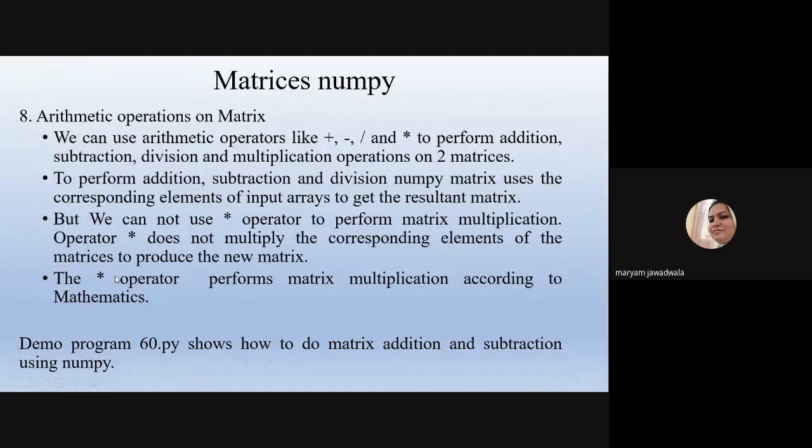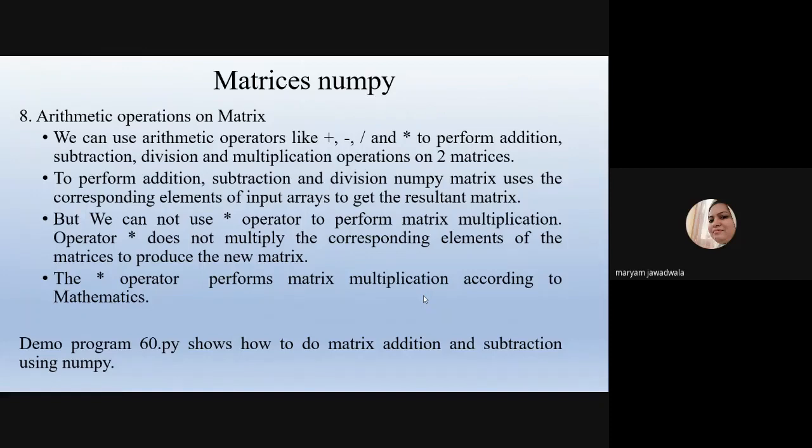So the product operator performs matrix multiplication according to the mathematical rule. As you know, what is the mathematical rule for multiplying two matrices? Suppose I want to multiply matrix A with matrix B. Then what is the rule of multiplication?